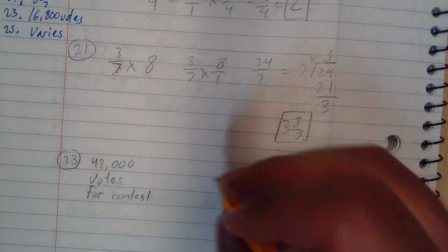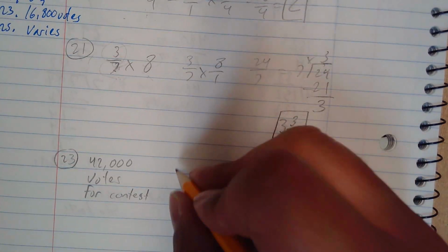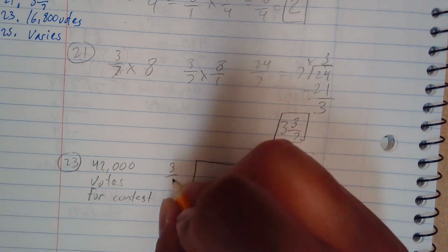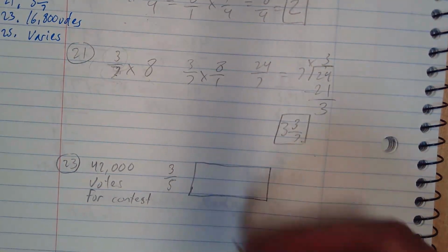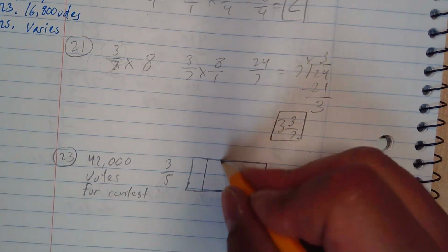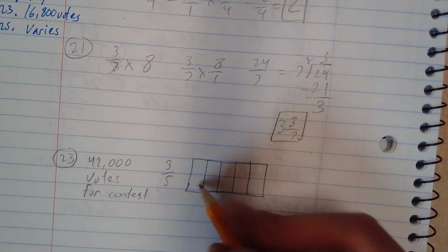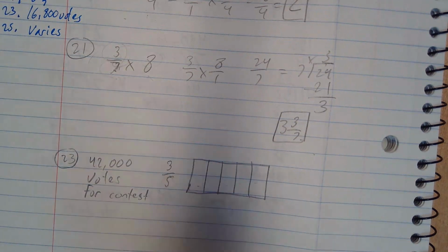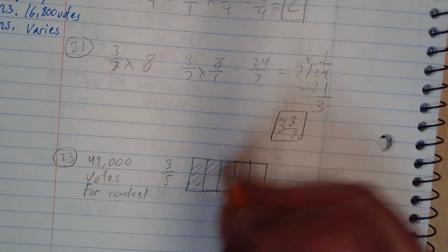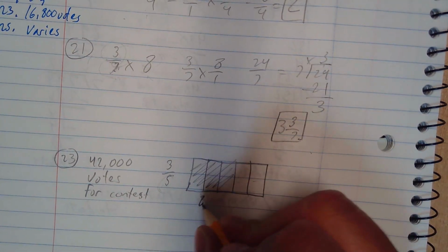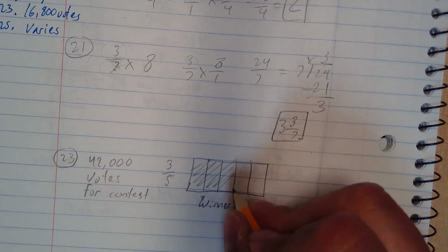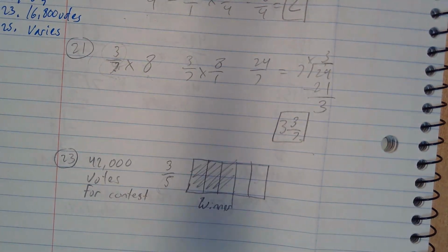The person that won, the winner, they got 3/5 of the vote. Again, look at the denominator. It's 5. 1, 2, 3, 4, 5. For every 5 votes, the winner got 3 of them. This would be the winner. The winner got 3 out of every 5 votes.